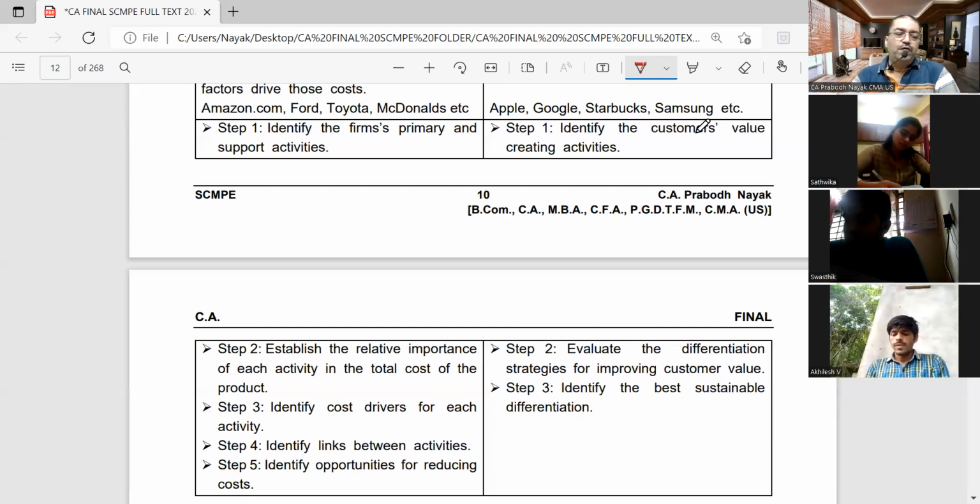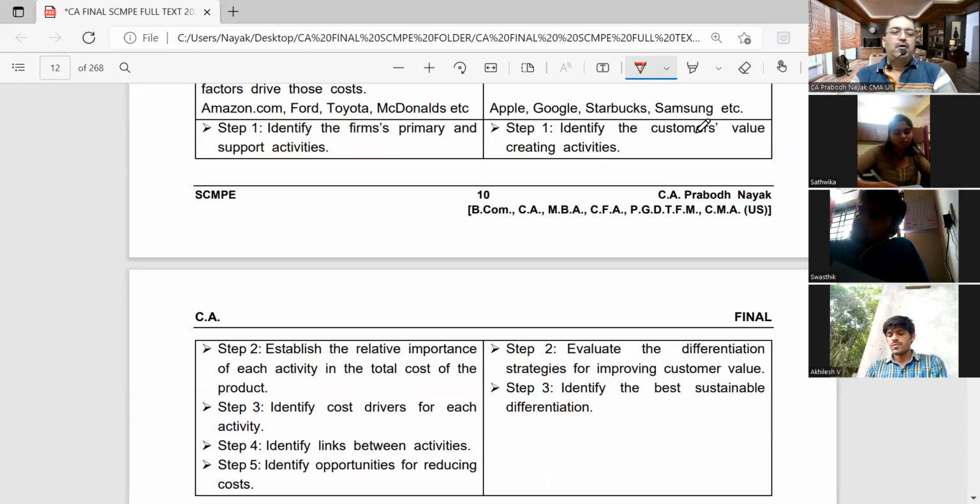Identify customers' value creating activities. Below that, right?